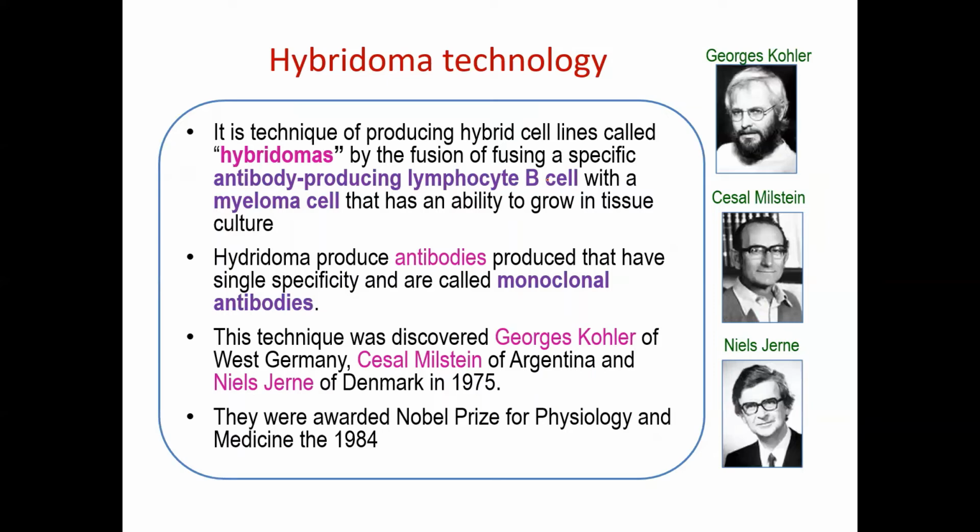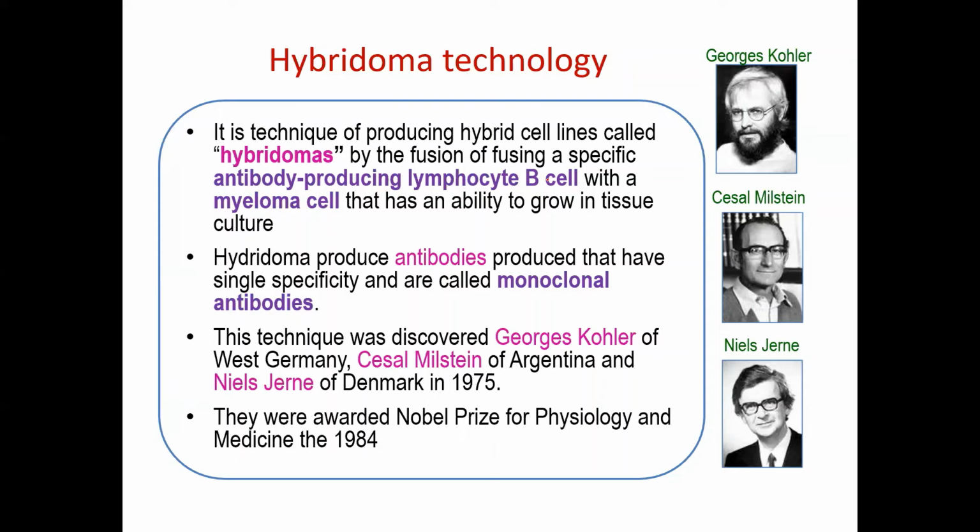Now, the monoclonal antibody, since we know that they have a natural therapeutic function in our body, these three scientists, Georges Köhler, César Milstein, and Niels Jerne, developed a technology in 1975 for the production of hybridomas.